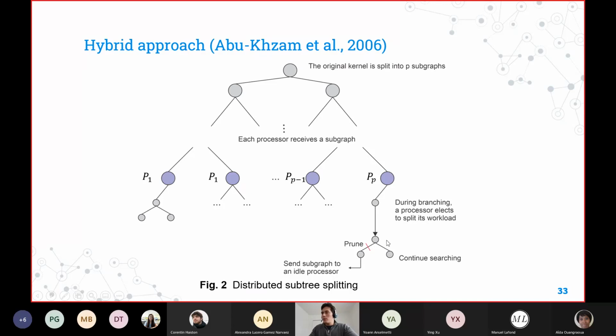And then what it's going to do is prune one of the branches, and then send it to that available processor. Here, the pruning is giving us a guarantee of not solving this branch twice or more. And this is the strategy.